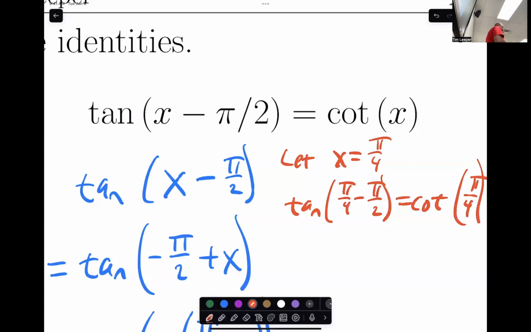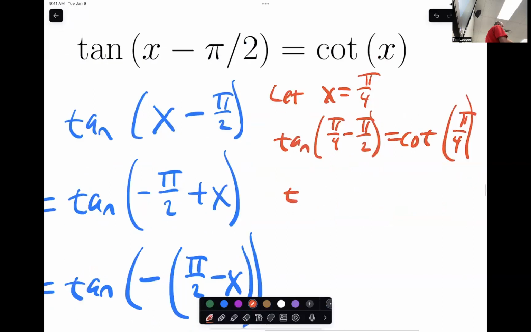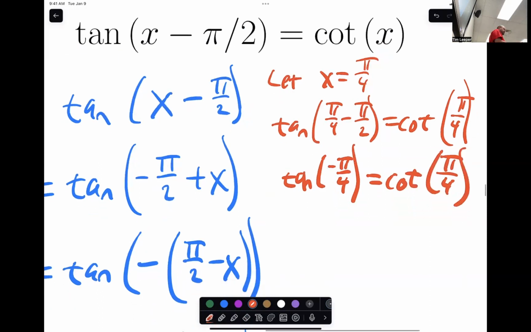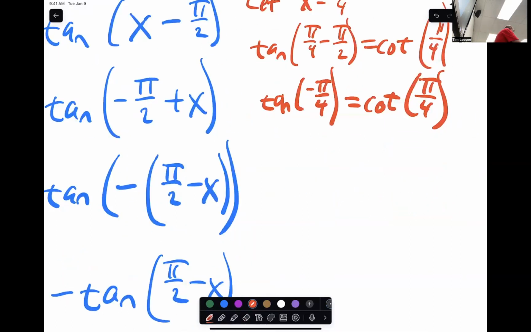Now, pi over 4 minus pi over 2 is negative pi over 4, my apologies. So it's tangent of negative pi over 4 equals cotangent of pi over 4. What is the tangent of negative pi over 4? Negative 1.